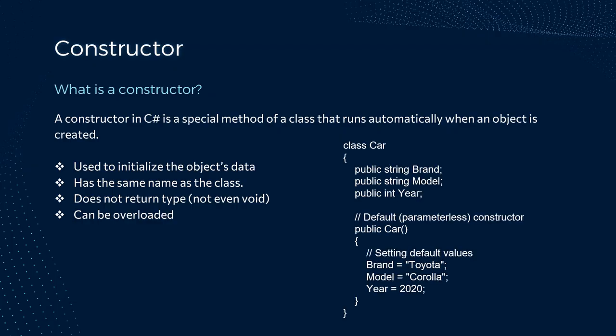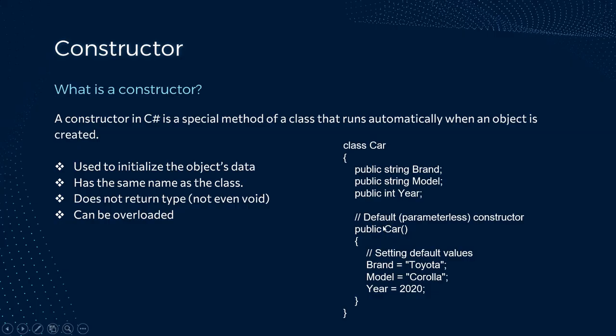So here you can see I have created one Car class, and then there is one default constructor, that is Car. So basically, as we know, this is a special method. How can we know this is a special method? Because we have this parenthesis, right? So this is a special method because it does not have a return type.